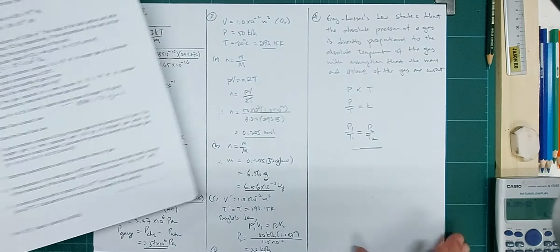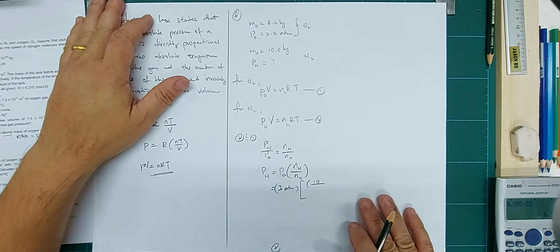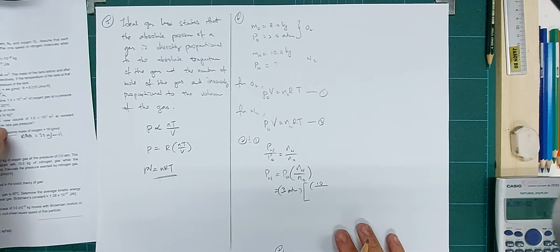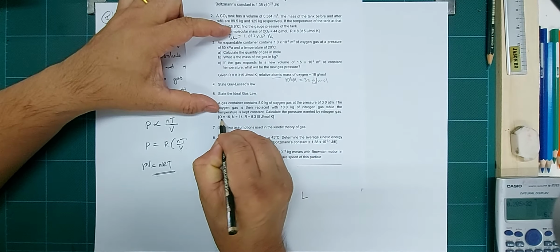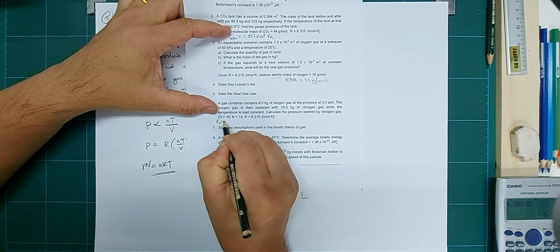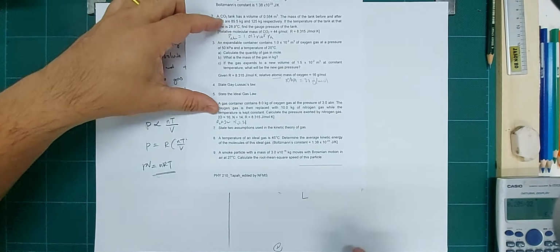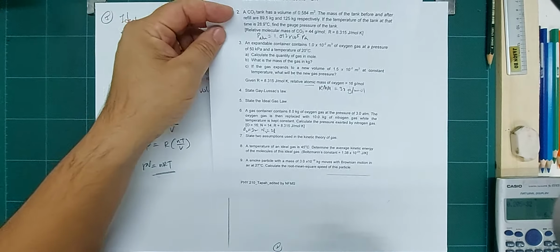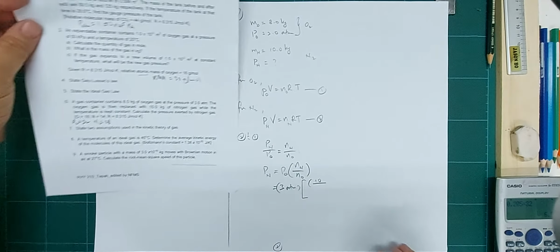Okay, and then now back to question number 6. You have to remember, the one given to you here is atomic mass. So for O2 it is 32, for N2 it is 28. Be careful with that. I hope in the exam the question will specify that clearly.